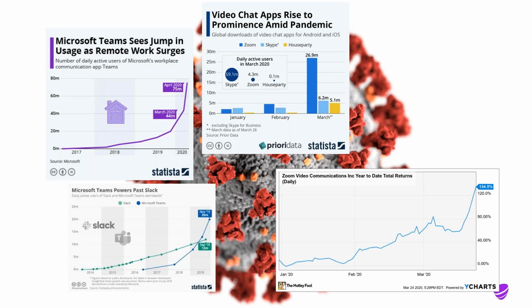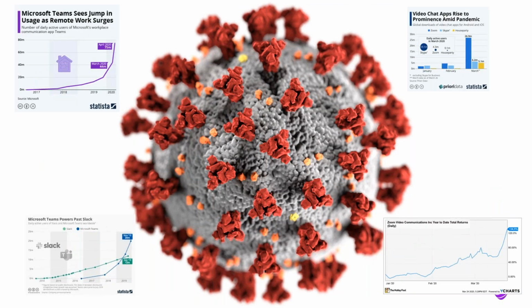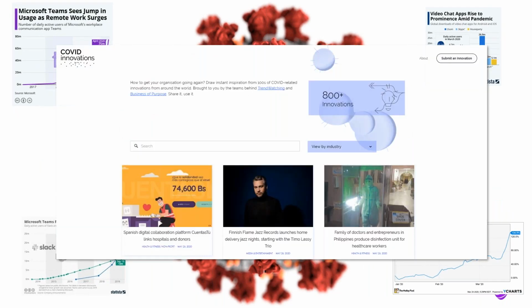But another thing that is sparking innovations is crisis in general. And there's a website that is called COVID Innovations. And a month ago, there were more than 800 different innovations. And you can go in here and you can look at innovations based on different industries.